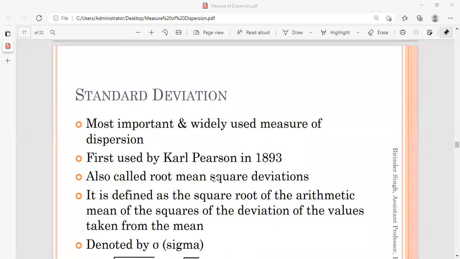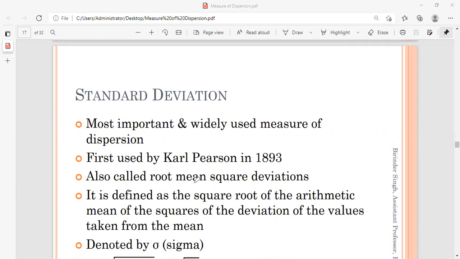This is also called root mean square deviation, because for the computation of standard deviation, we first calculate the deviation of the items, and then we square it. Finally, we add the squared deviations, and lastly, we compute the square root.